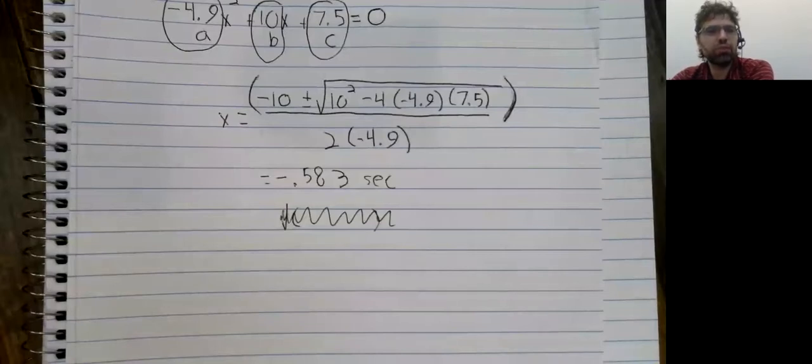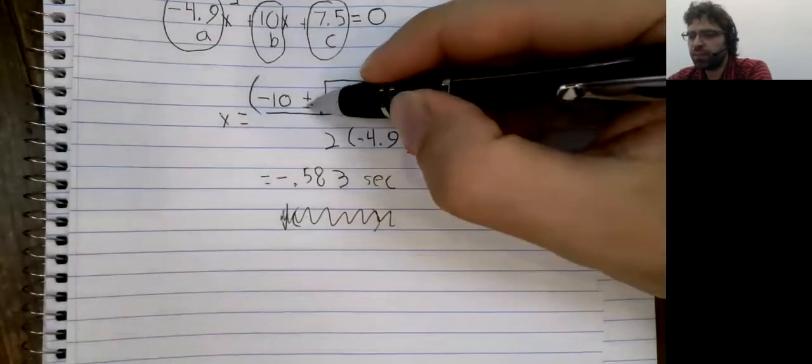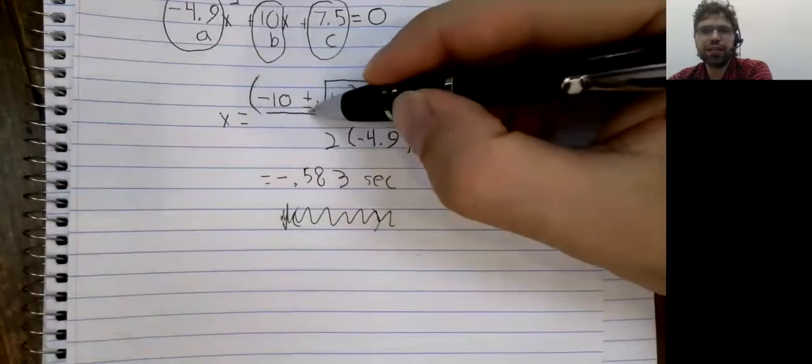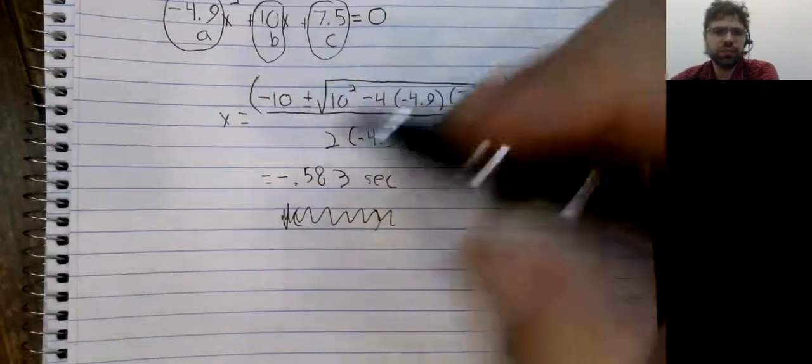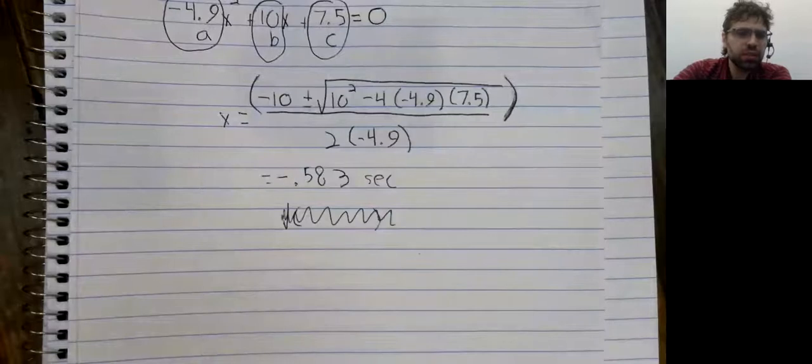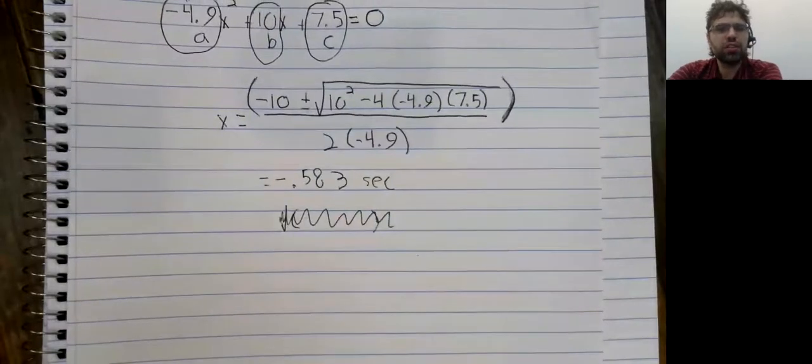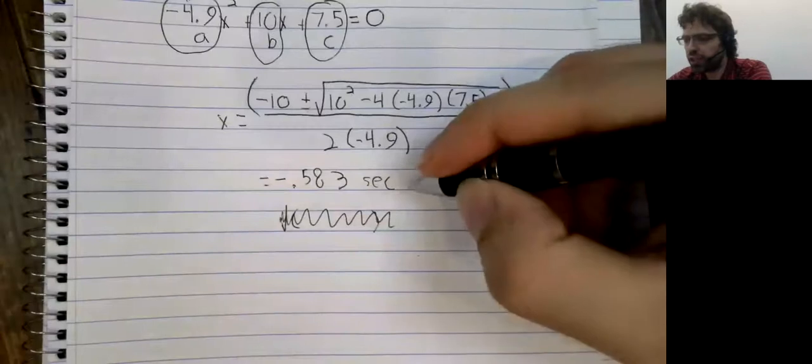We press the blue second button, then we press enter, and that brings this back up. And now we can scroll around and edit this. And we'll turn this addition into subtraction to get the other solution.